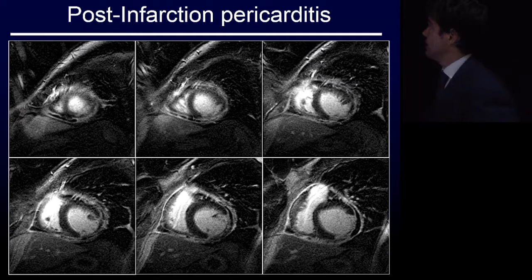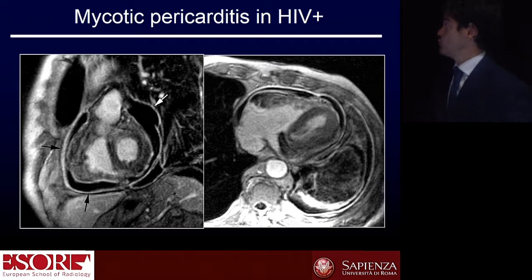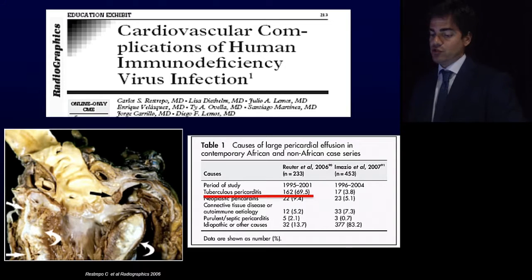And we can even have opportunistic disease, mycotic pericarditis in this HIV-positive patient, showing a diffuse effusion involving the ventricles with an enhancement of the layers, not different from what I just showed you. And this is very common. But there is also constrictive pericarditis, which is another story.